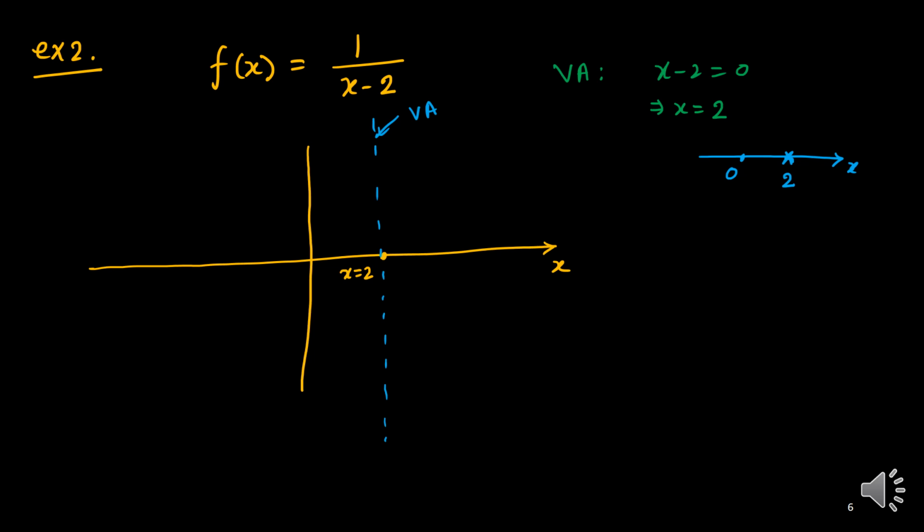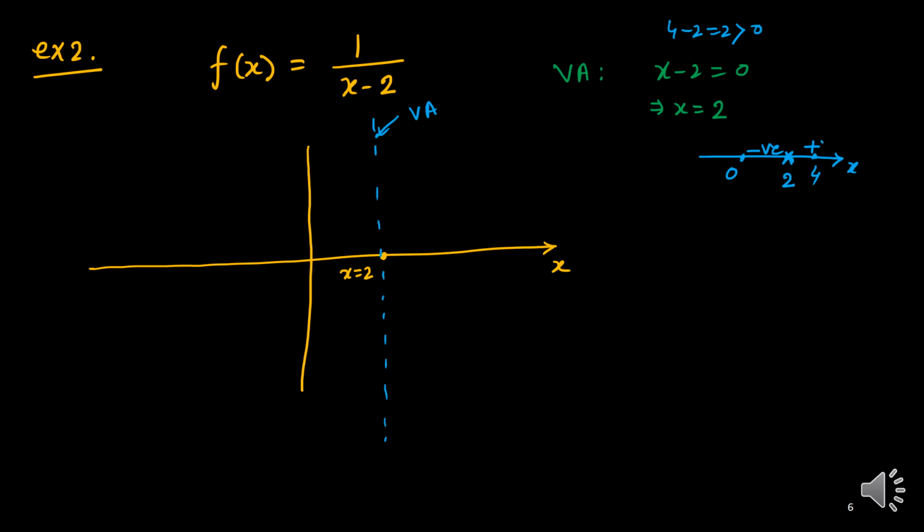There is nothing in the numerator. If I choose any testing point on the right side of 2, suppose I choose 4, then 4 minus 2 is 2, which is positive. So any point 5, 6, 7, up to infinity, this side is positive, and with respect to this one, the left side is negative.